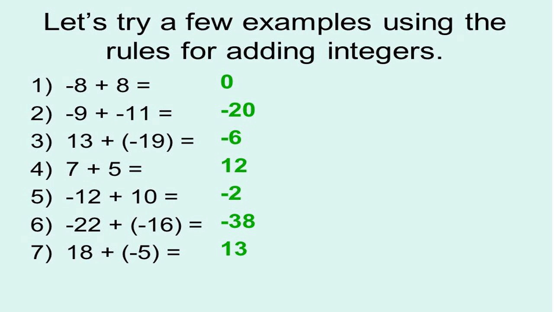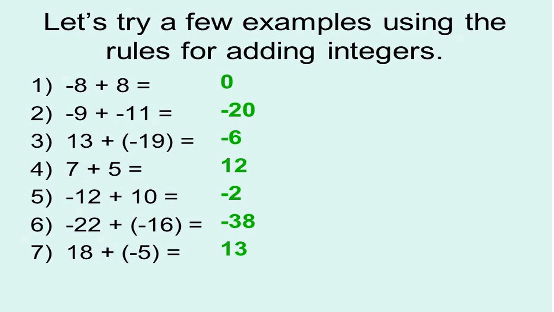Fifth example, minus 12 plus 10. One negative, other positive. Again, 12 minus 10 is 2. 12 is greater. There is a minus sign. So, minus 2. Minus 22 and minus 16 are to be added. Both are negative. So, 22 plus 16 is 38.